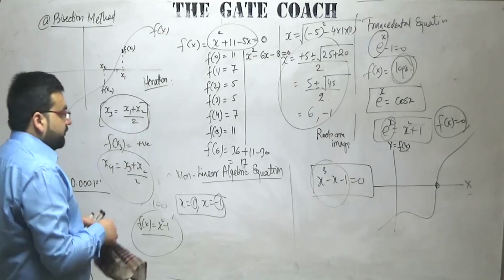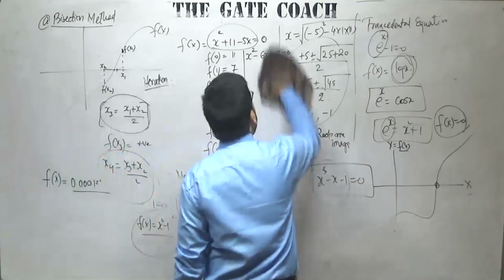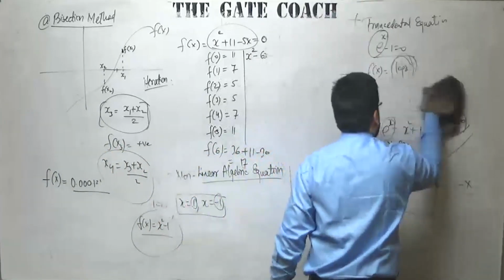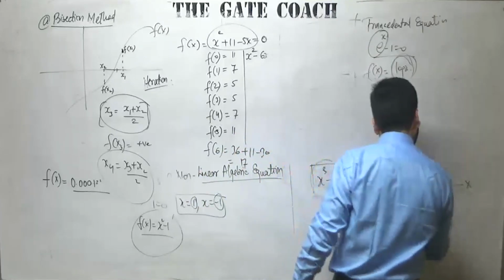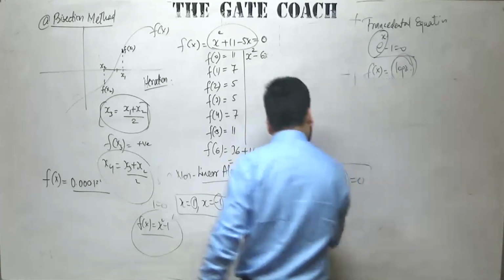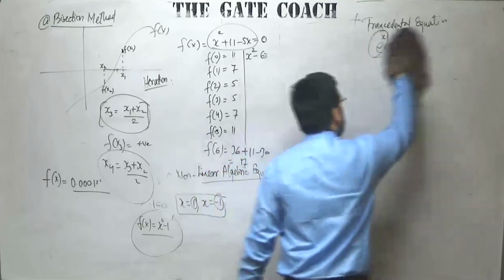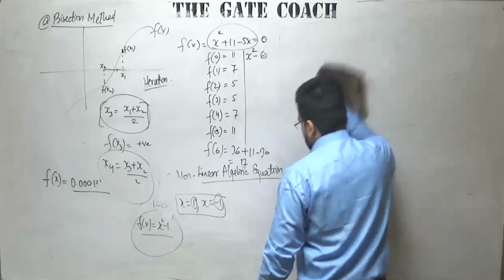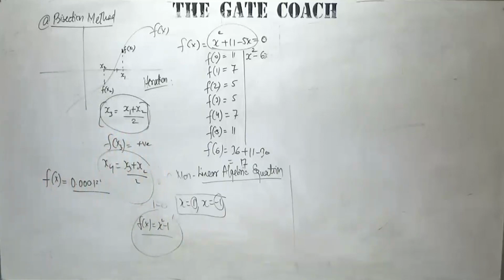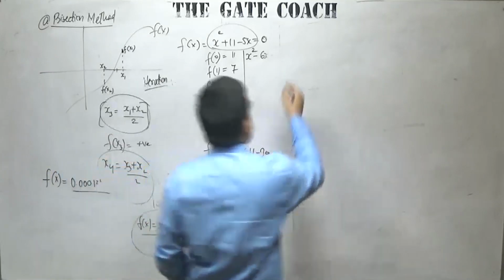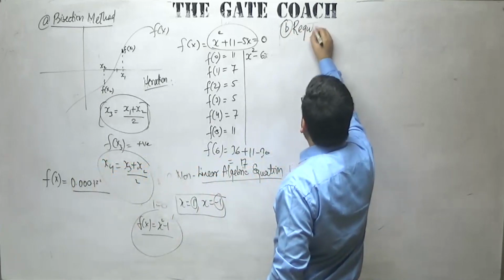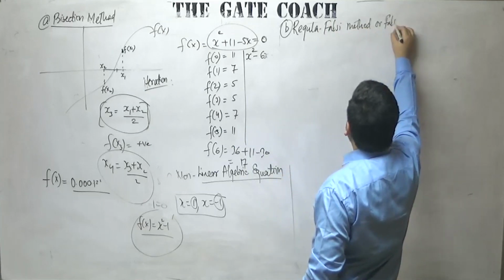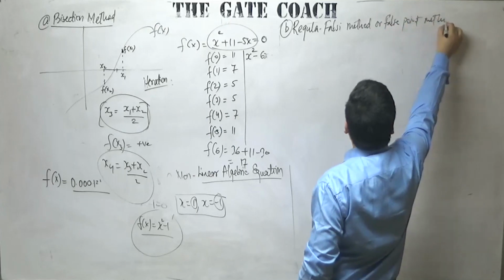Clear? Now, the next method is called the regula falsi method or false point method.